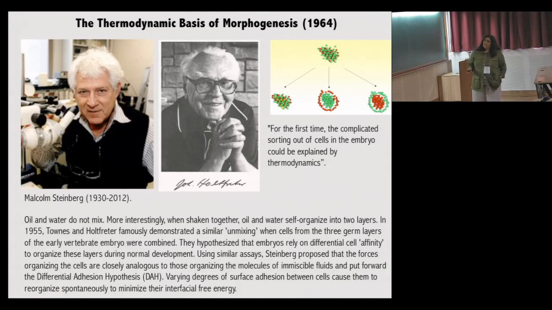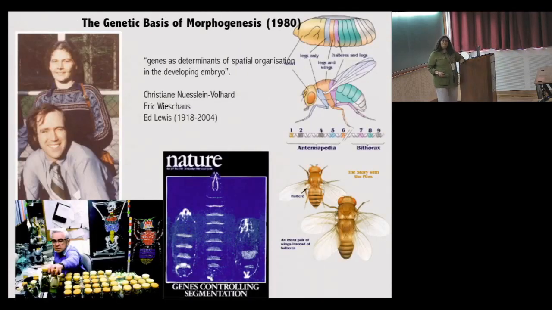But Steinberg and Holtfreter basically said that the complicated sorting out of cells, the creation of layers, the formation of cavities could be explained by thermodynamic principles. So it was only long after all of these theories that genes, which most biologists obsess themselves with, came to be identified as determinants of the spatial organization in developing embryos.